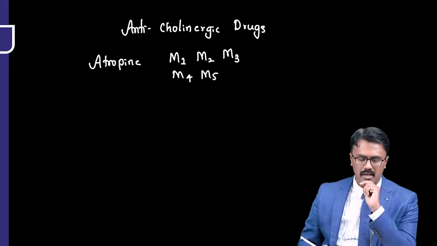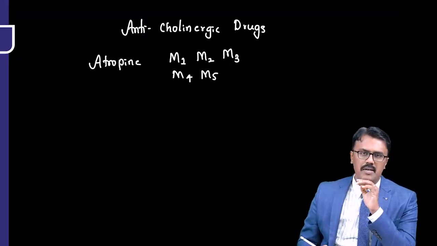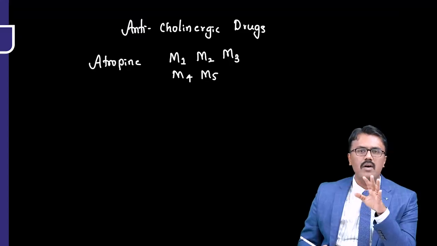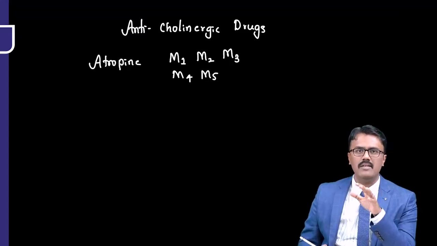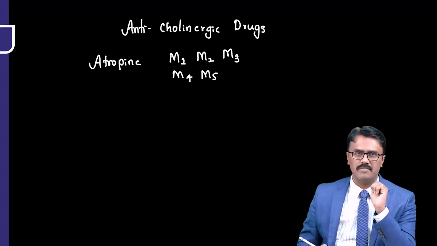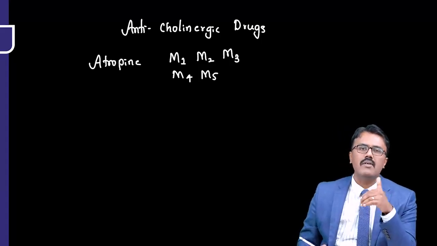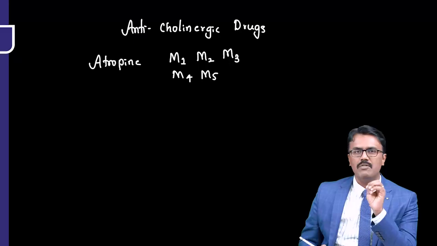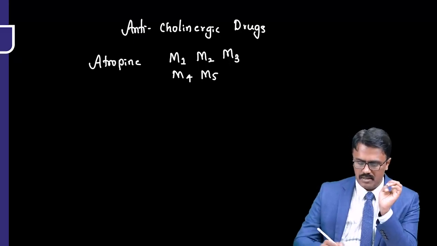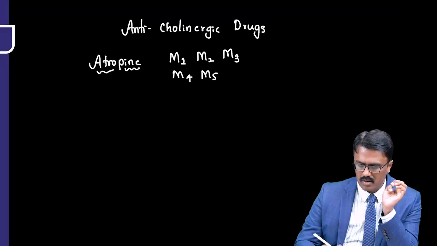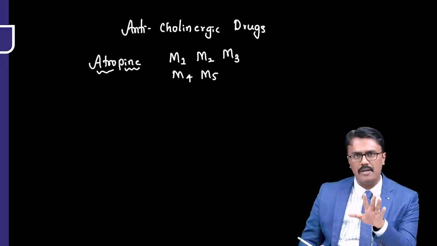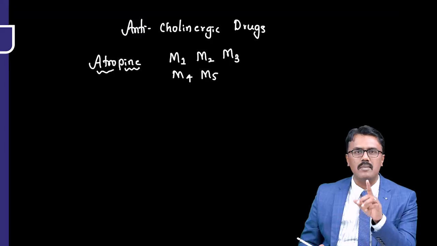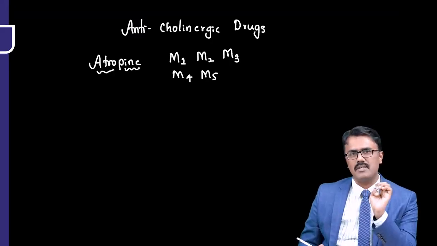Please remember, the problem when we use atropine is that you are blocking all the receptors, meaning it is not specific to one receptor. That's the reason we had to come up with other anticholinergic drugs which have some selectivity for a receptor. Please understand, atropine can block all the muscarinic receptors only. It cannot block nicotinic receptors.